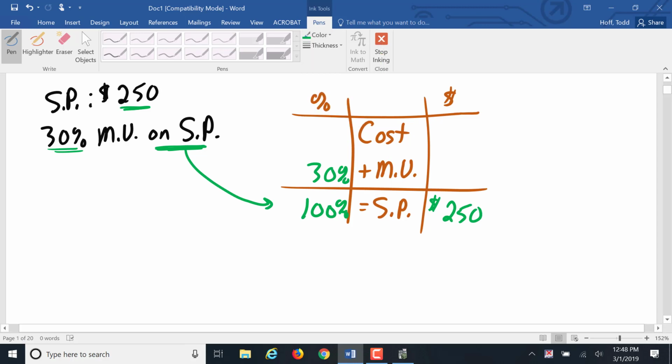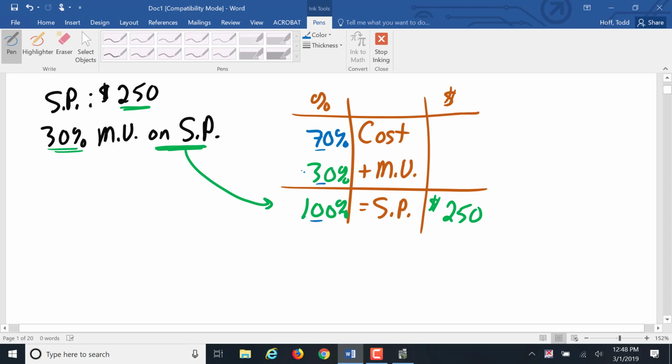So this is going to be a little different. Before, remember, it was always cost plus the markup had to equal the selling price. Well, it's still the same. Whatever that cost is when we add it to the markup has to give us the selling price, which was 100%. The number that's going to go in there is 70%, because 70 plus 30 equals 100.